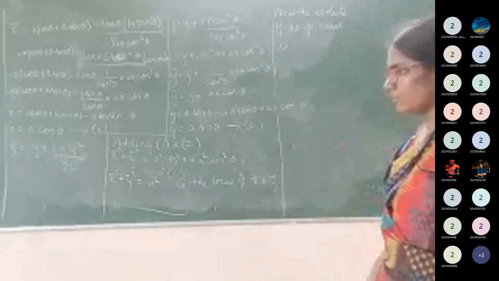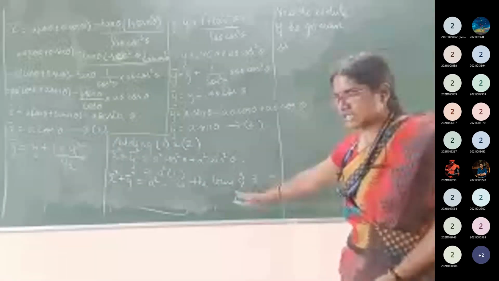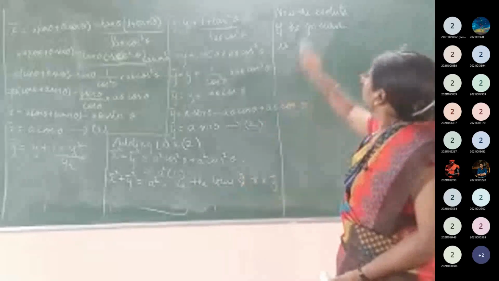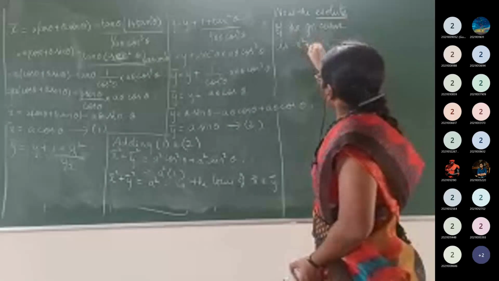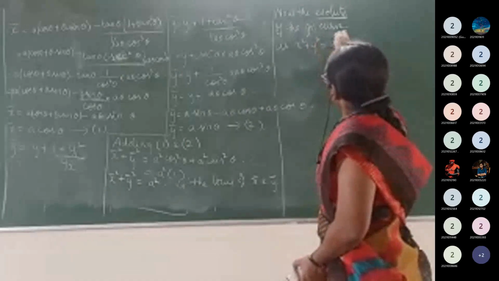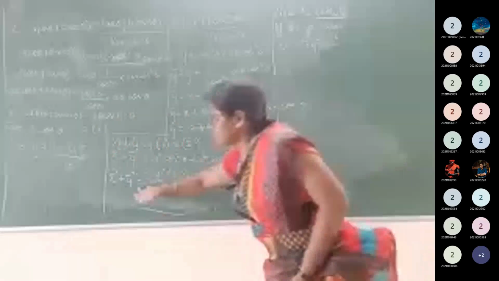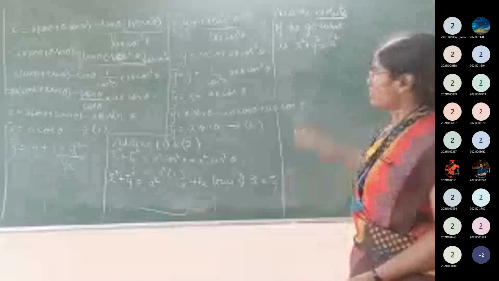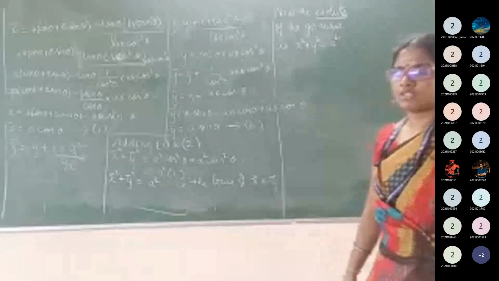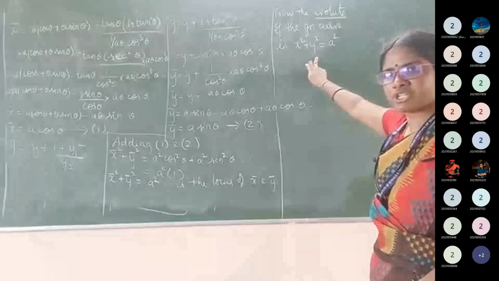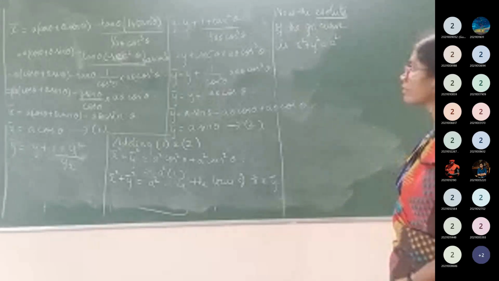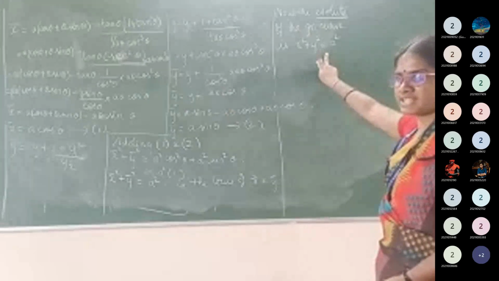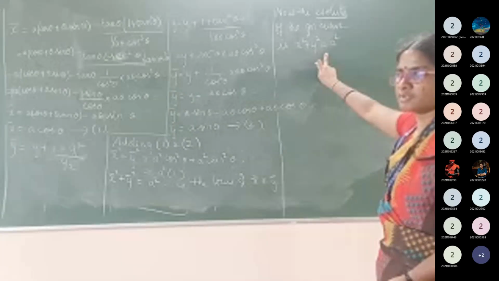Now the evolute of the given curve is the locus we calculated. Now I am replacing x bar and y bar by x and y, giving you the evolute: x squared plus y squared is equal to a squared. What is this? Read your question. What is the general equation of this?